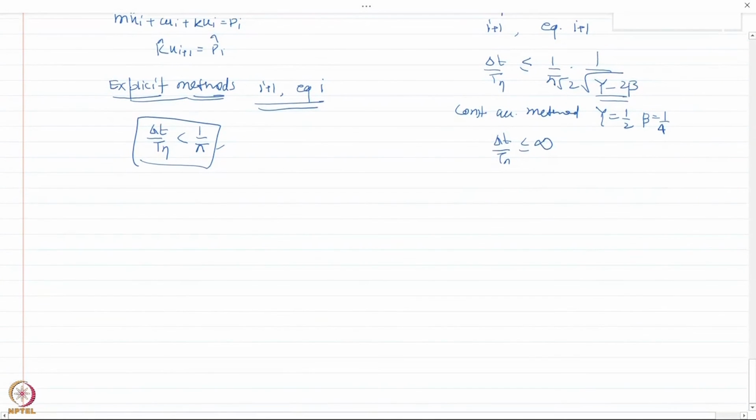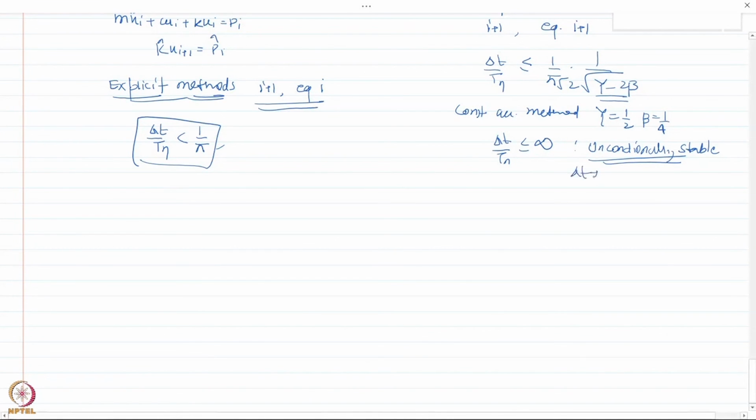So that's why the constant average acceleration method is unconditionally stable. It is always stable, doesn't matter what is the value of delta t. However, it might only be accurate. Remember, there's a difference between stability and accuracy. So it might still be stable, but it would only be accurate if delta t is very small.